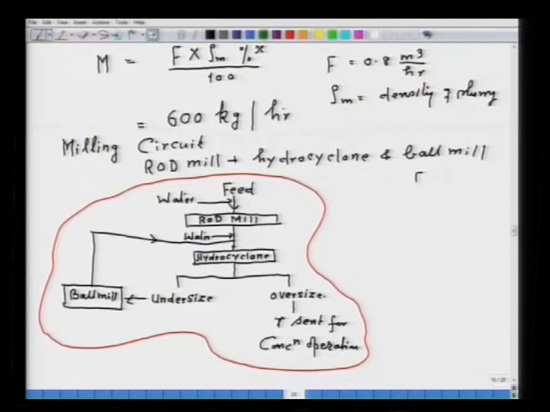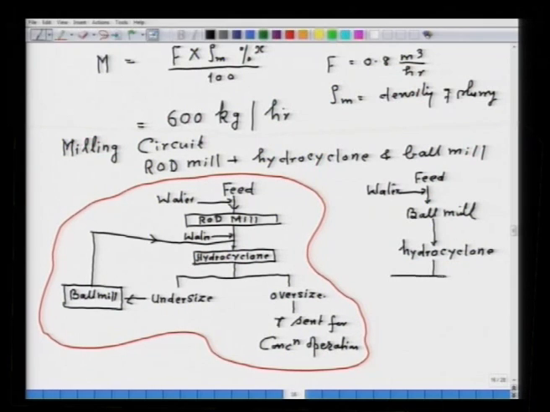Or another circuit which consists of only a ball mill, you have the feed, one can directly go into the ball mill. Here water is added, then it goes to hydrocyclone, and as such in the hydrocyclone you have undersize and you have oversize.